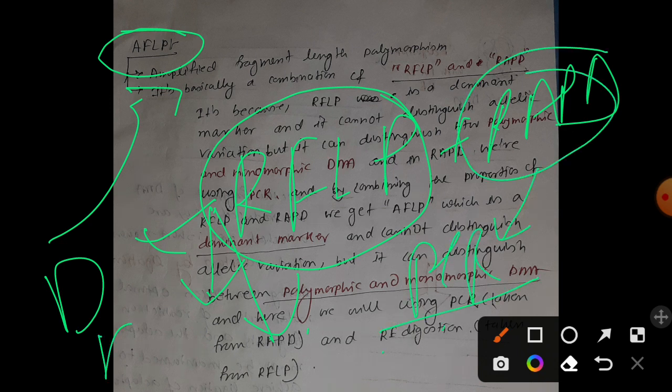I hope you can remember that distinguishing dominant and recessive alleles is done by a dominant marker. We have seen in the very first video that in a parental test, the father's allele is dominant and the mother's allele is recessive, and the child's band pattern is either similar to the father's band pattern or similar to the mother's band pattern, right?